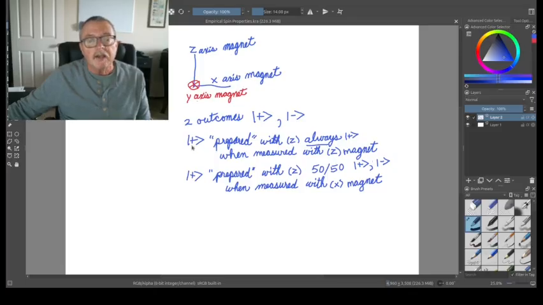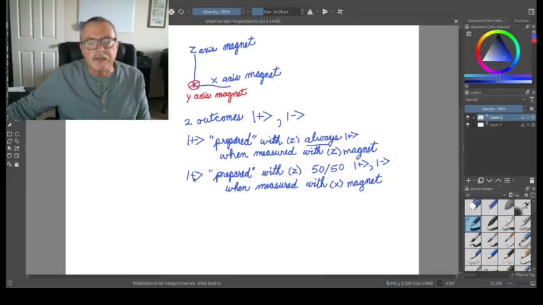If I take an aligned atom, which went through the z-axis magnet and came out measuring as aligned, I can keep measuring that with the z-oriented magnet and I always get plus. I never get minus. So if I prepare it with z and measure it with z, then I'm always going to get the alignment. So we've got certainty there.